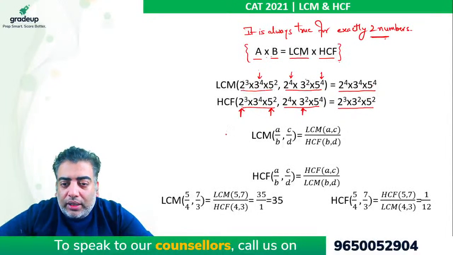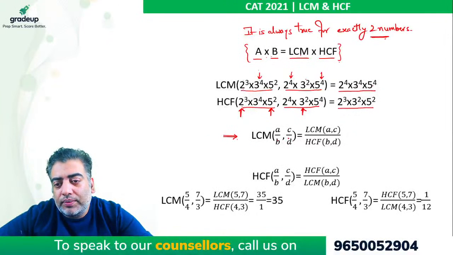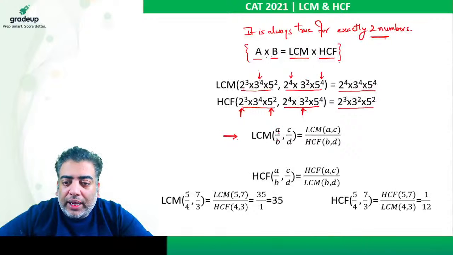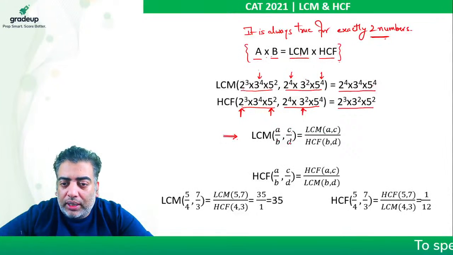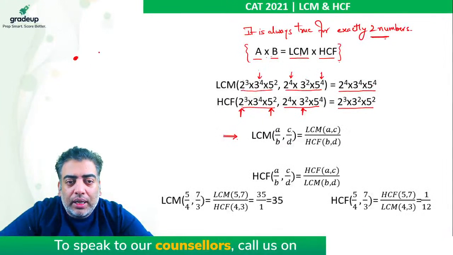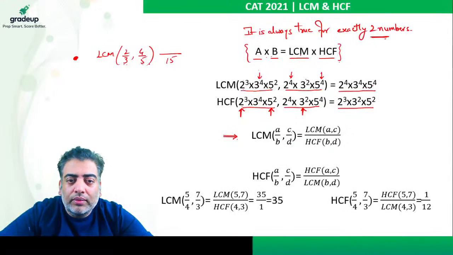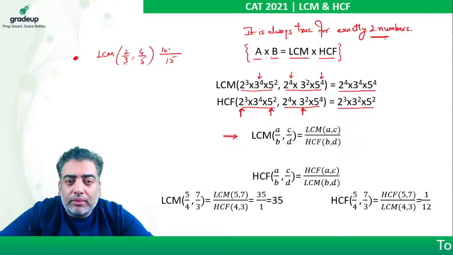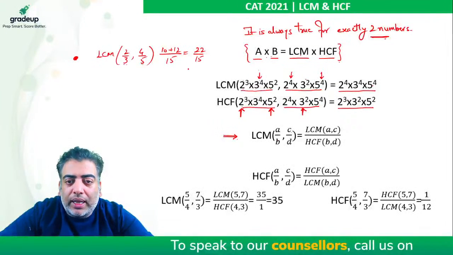Now, this is another very important part: finding LCM of fractions. When there are fractions like a upon b and c upon d, and we have to take their LCM, I have seen students making a mistake like this. If LCM is required of 2 by 3 and 4 by 5, they take LCM of 3 and 5, which is 15, then 2 5s are 10, and 4 3s are 12, and they write 22 by 15 as the answer.